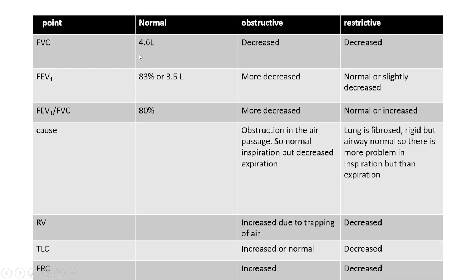Now, why will we go for this lung function test and how will it help us in diagnosis of different types of lung disease. There can be two types of lung disease or airway disease. Either they can be obstructive or they can be restrictive. Obstructive means that there is an obstruction in airways, and restrictive means that there is no obstruction in the airway but the lung itself is restricted from performing its action.